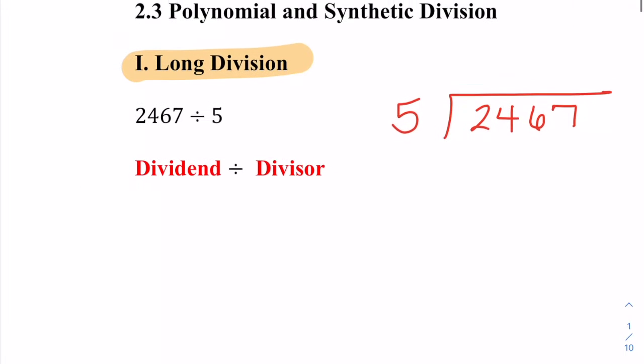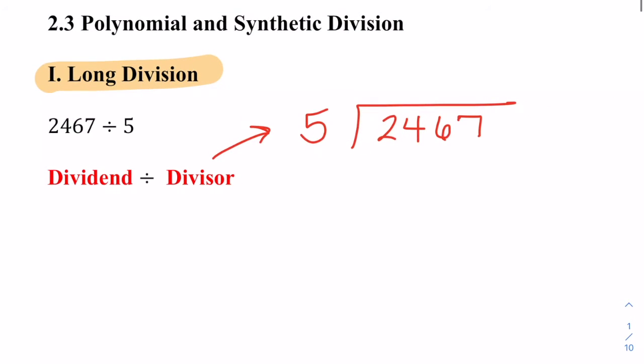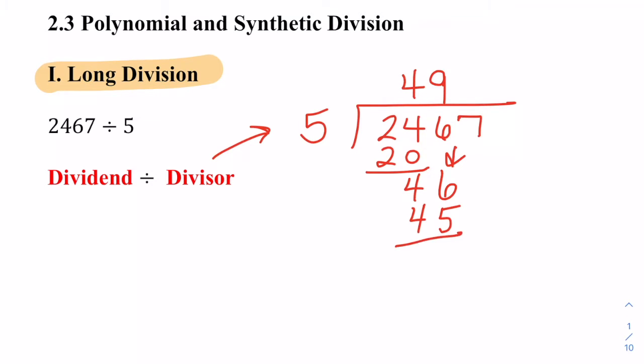So 5 is the divisor, and that 2,467 is your dividend. Now remember, for long division, you're going to multiply 5 by 4 to get as close to 24. We're going to subtract going down, and then we have to bring the 6 down. And then we're going to multiply by 9, because that's as close to 46 as we can get.